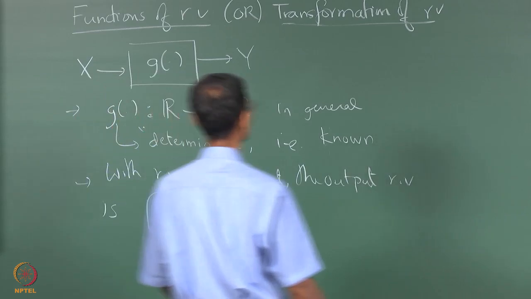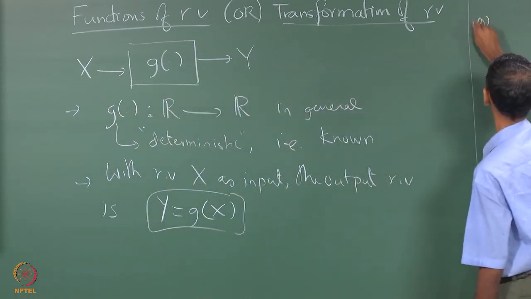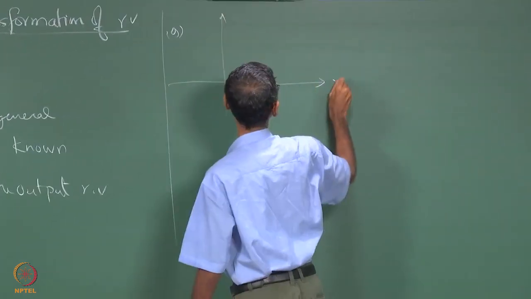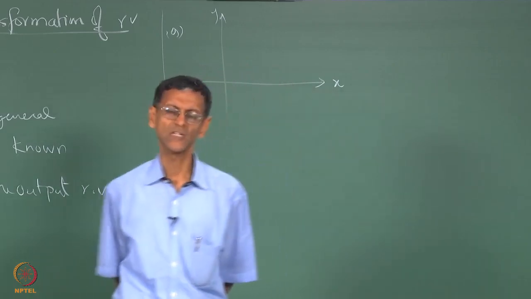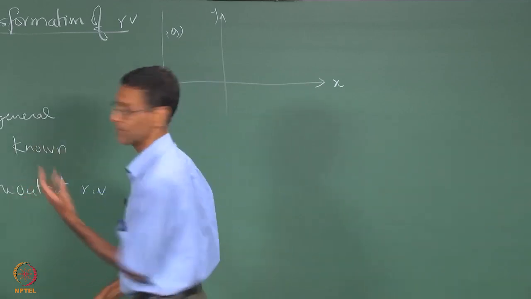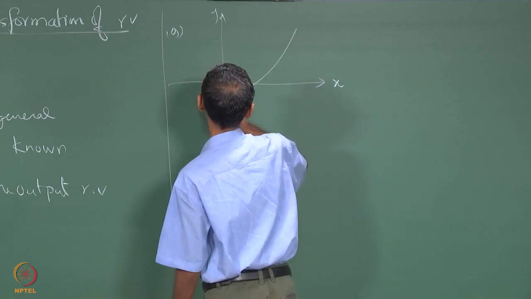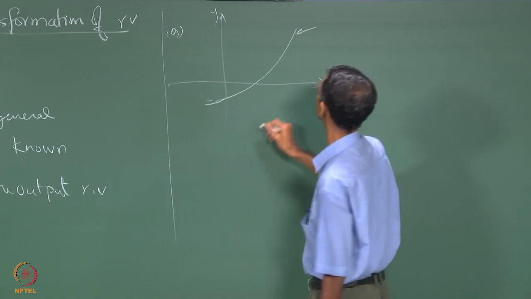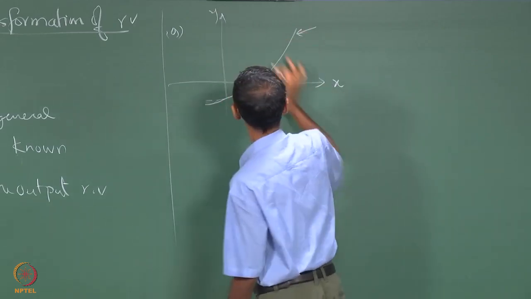If you take, for example, a simple picture, supposing I take some non-linear function G. Obviously we are interested in non-linear functions, since we cannot restrict ourselves only to linear ones. But let us assume that we have a monotonically increasing G, just for illustration.